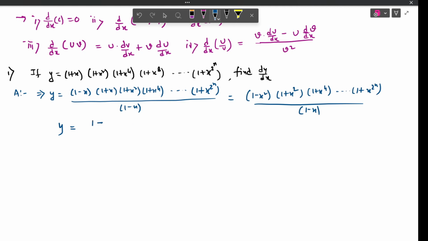So it will be 1 minus x to the power, the last term would be 1 minus x to the power 2 to the power n plus 1. If we break this, it will be 2 to the power n into 2. That means x to the power 2n square, right?